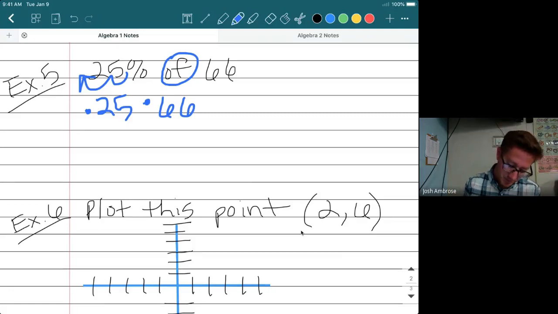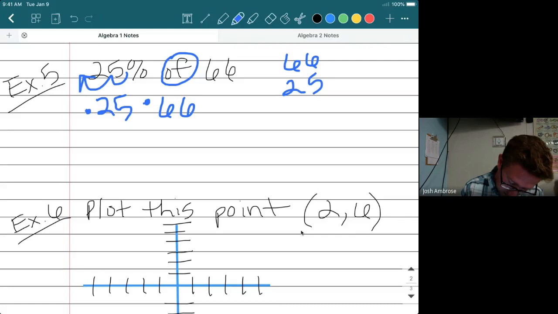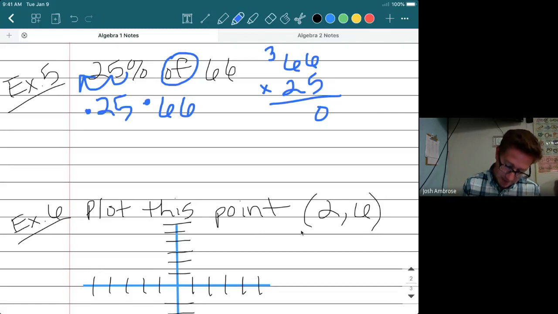Okay, so if we work this out, we have 66, we have a 25, we will be multiplying the two together. All right, 5 and 6 is 30. 5 and 6 again is 30, but put 3 on it, so we got 33. Put the 0, 6 and 2 is 12.